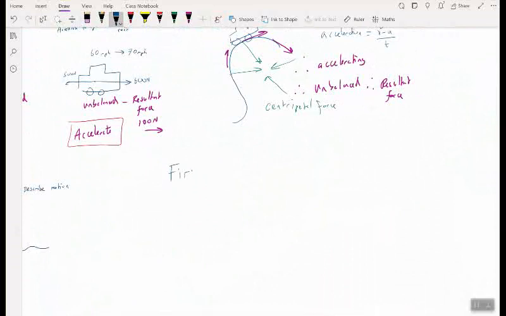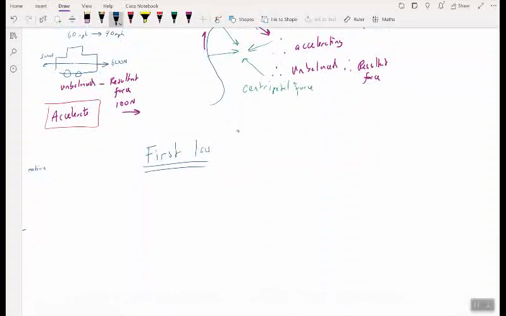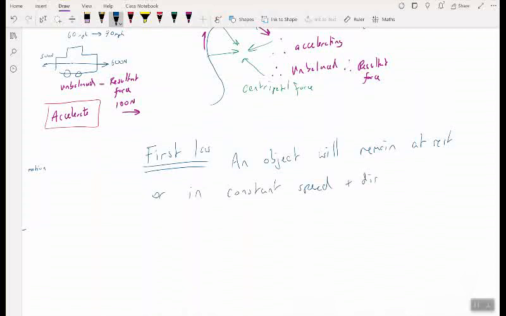So Newton's first law, the first law of motion, is that an object will remain at rest or in constant speed and direction unless acted upon by an unbalanced force or a resultant force.